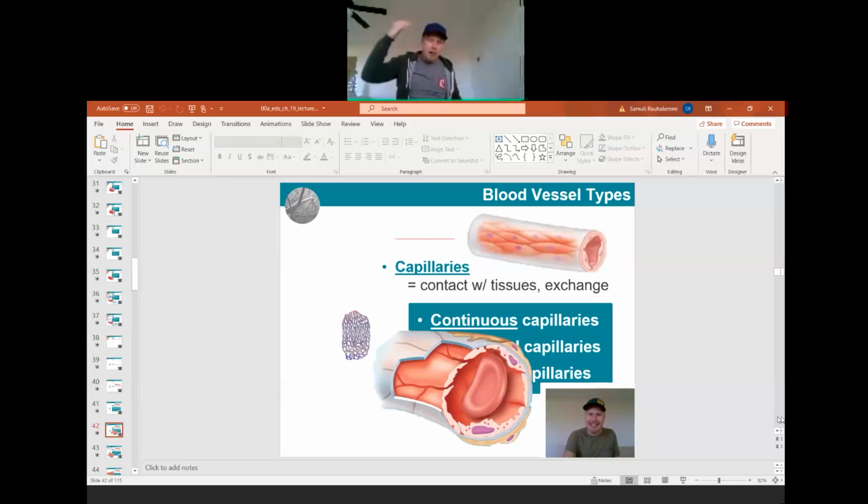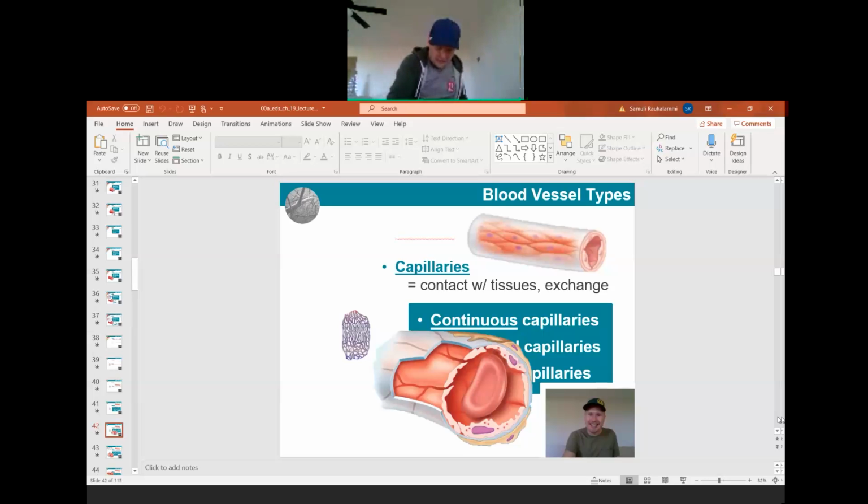We don't want toxins to cross there. And what we see, their wall, this tunica intima, made of simple squamous endothelial cells, it's really continuous. There's no gaps. They're packed one next to another. So it really is, like the name describes, a continuous capillary wall.